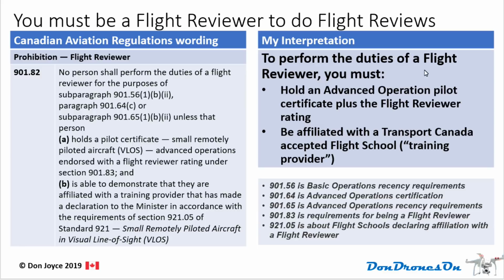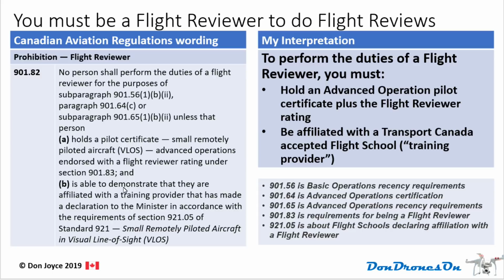To perform the duties of a flight reviewer, you must A, hold an Advanced Operation Pilot Certificate plus the flight reviewer rating, and you must be affiliated with, which I presume means work for, a Transport Canada accepted flight school, which is what they refer to as a training provider.